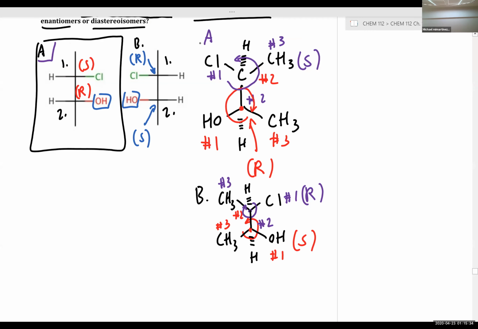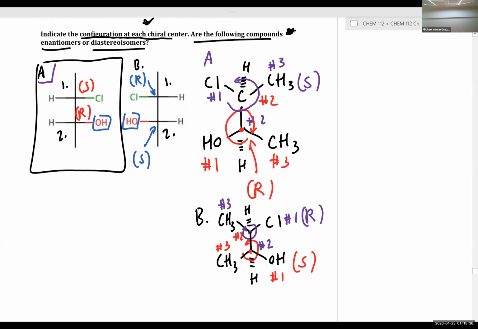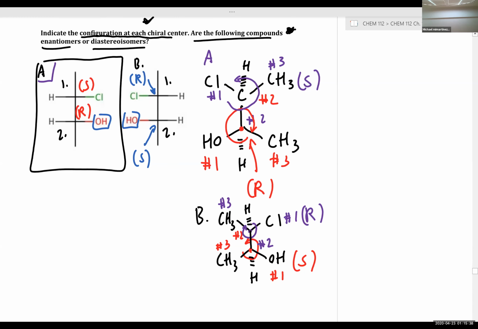And now my question to all of you is, since the configuration of all of our stereocenters is flipped, what do we call it when all of our stereocenters have the opposite configurations? What do we call it when we have mirror images? Are these enantiomers or diastereoisomers? Enantiomers, exactly right.